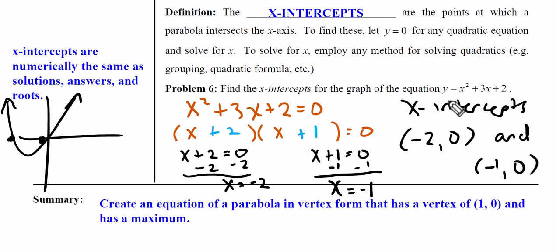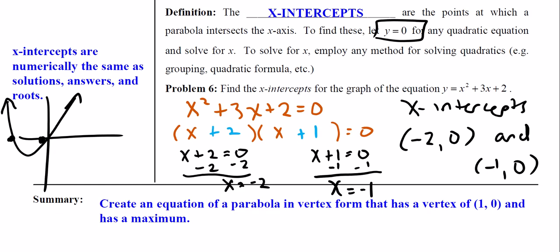And it's because we set y equal to 0. Okay, so it's really just one extra step from what we've been doing forever. And that's okay. Once you get your quote-unquote roots or solutions, make sure to put them in coordinate form with y equal to 0.